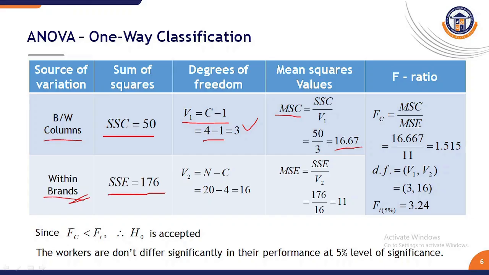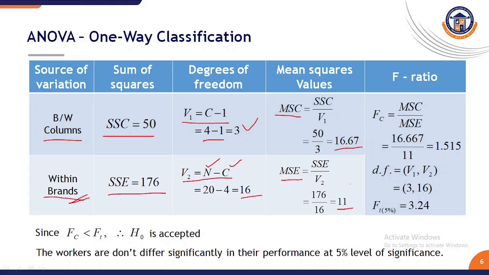So SSE 176, its corresponding degrees of freedom V2 equal to number of elements minus number of columns, then V2 equal to 16. Next to find out the mean square value within columns, SSE divided by V2. MSE value equal to 11.